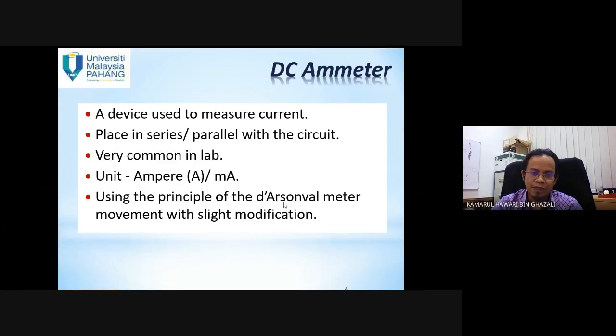This concept of the ensemble has been explained to you in the previous chapter. You can go back to the previous material, chapter 2.1, and see this concept of the ensemble meter movement.